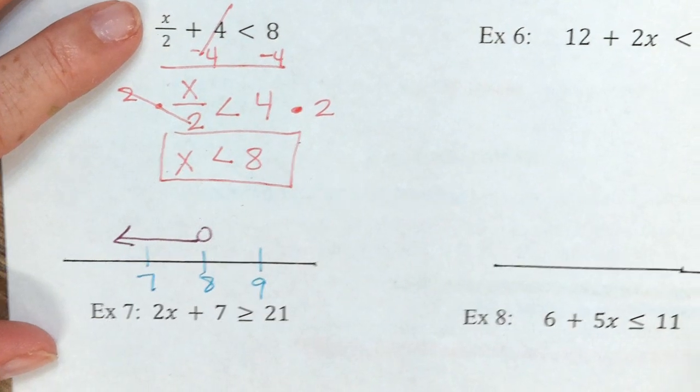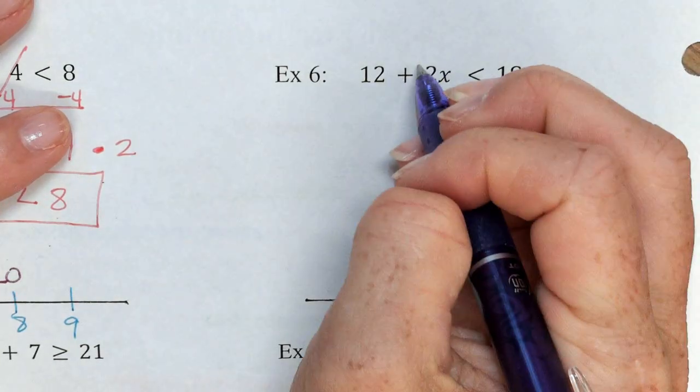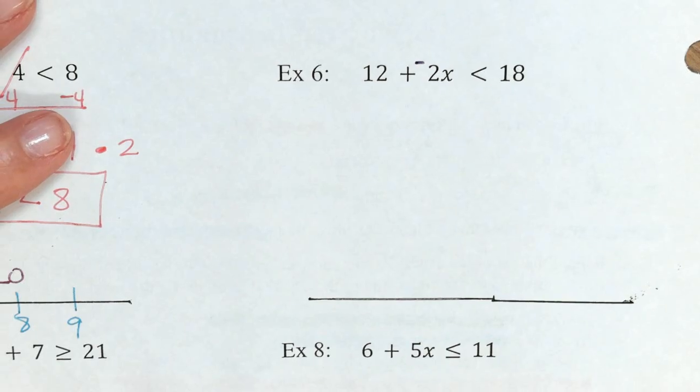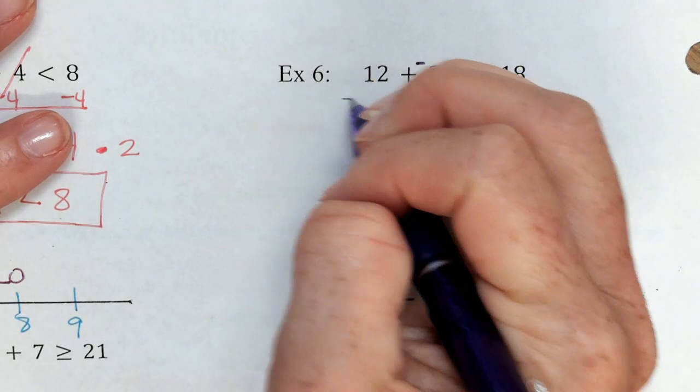All right, let's go do number 6, but let's pretend that this is a negative sign. What does that mean? My sign is going to flip in the end. How do I get rid of a 12? Subtract 12.